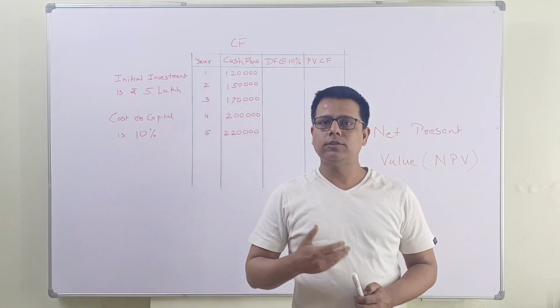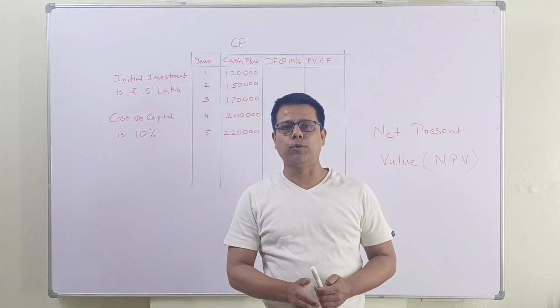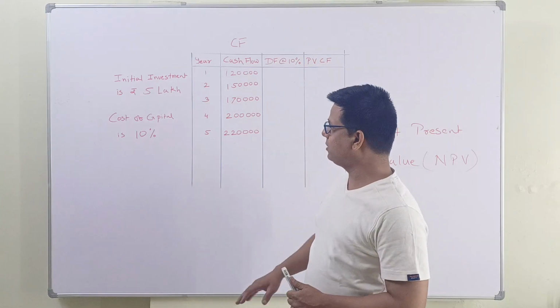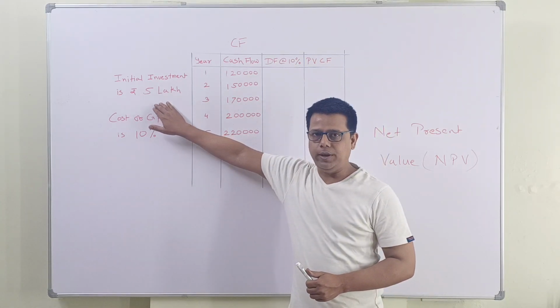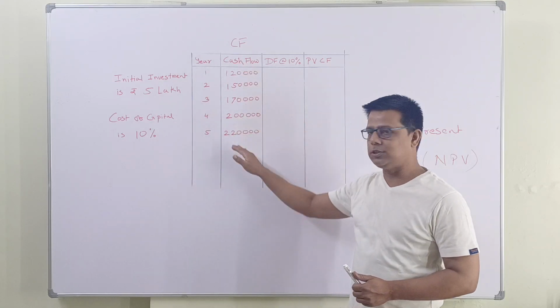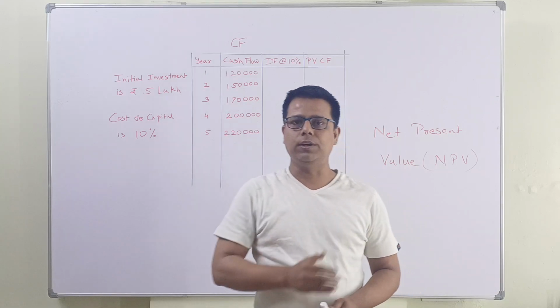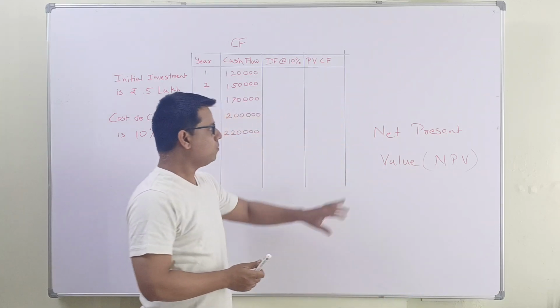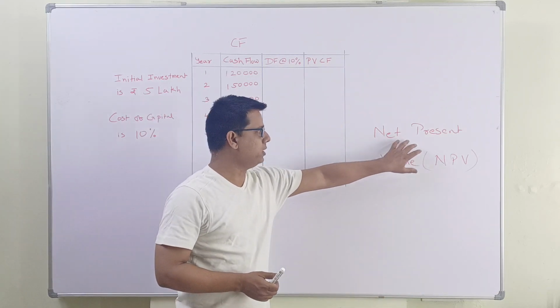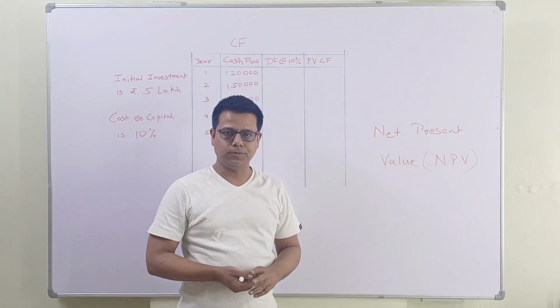Now we are supposed to take a decision whether company should invest into that project or not. So let's consider we are investing 5 lakh rupees. The cost of capital is 10% and this is the expected cash inflow that we can generate over a period of 5 years. Now we have to use net present value method, that is NPV method, to take a decision.